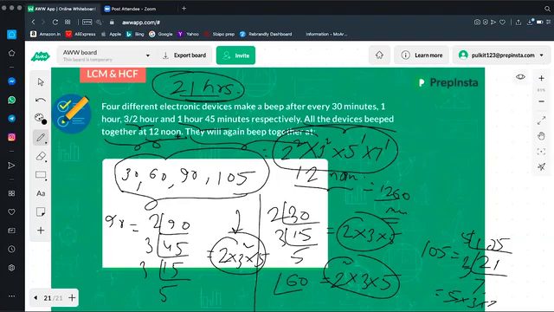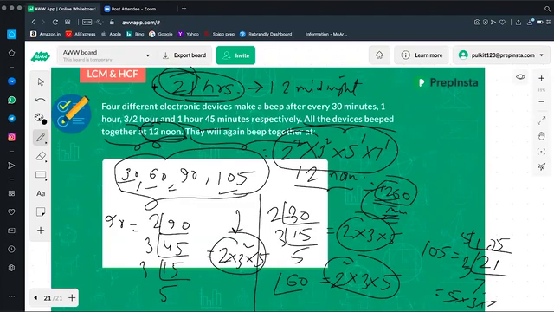So if the bell rang at 12 noon, so after 12 hours, it will be 12 midnight. See, the LCM was 1260, guys. These are all in minutes, Vishnu. So what is 1260 minutes? That is 21 hours, divided by 60.